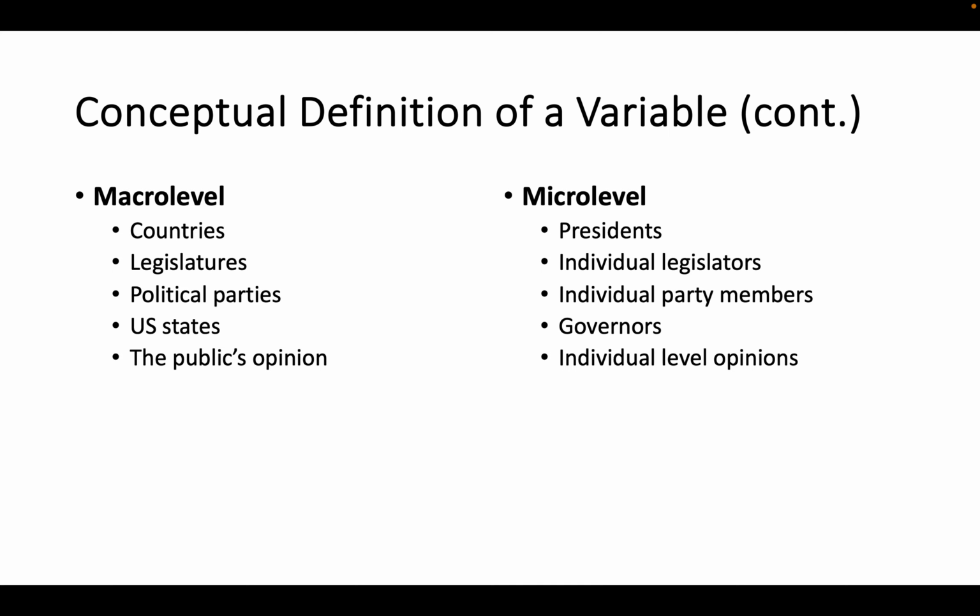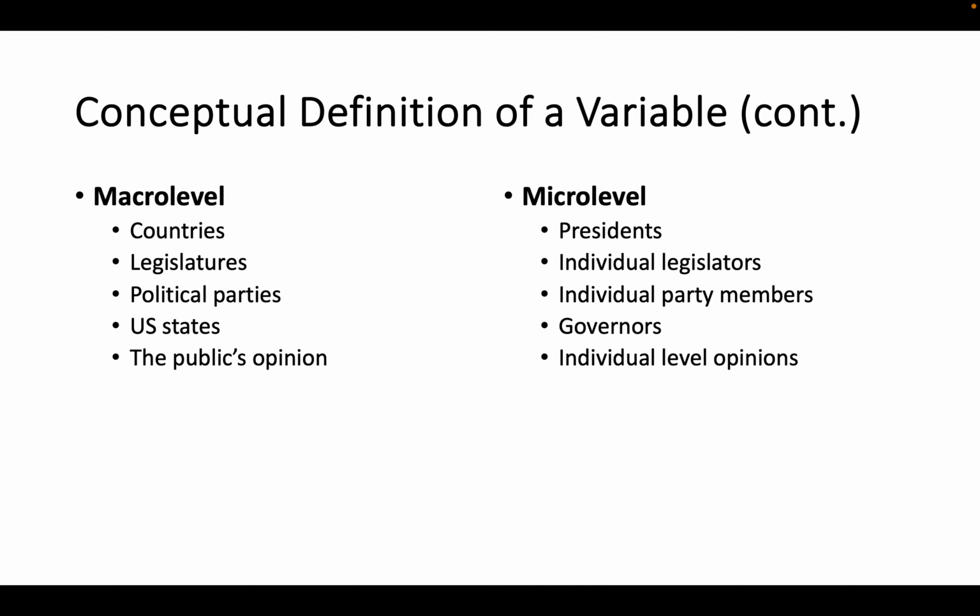Here are other examples. So on the macro level, countries, aggregates of people from various regions, municipalities, states, so subnational units. The country is an aggregation of all of those. Legislatures, an aggregation of elected officials, elected from constituencies of some sort, and represent these constituencies.